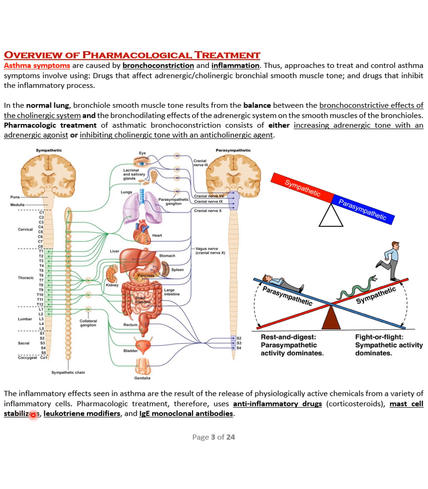We will talk about that soon. So, stabilizing the mast cells. And then we could also use leukotriene modifiers. And there's also the anti-IgE antibody, which we'll talk about soon also.